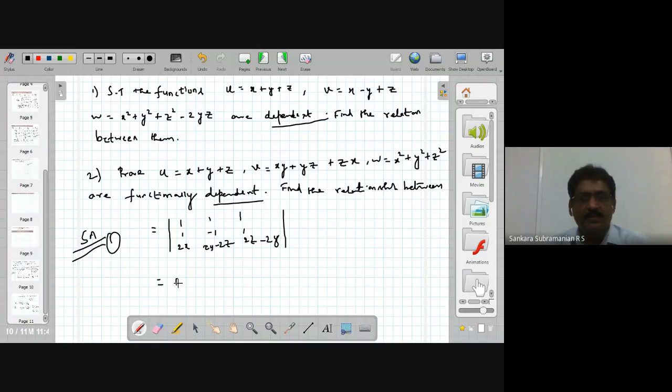By the usual procedure, 1 into this, if you multiply this with minus, you get minus 2z plus 2y and minus 2y plus 2z. Okay.